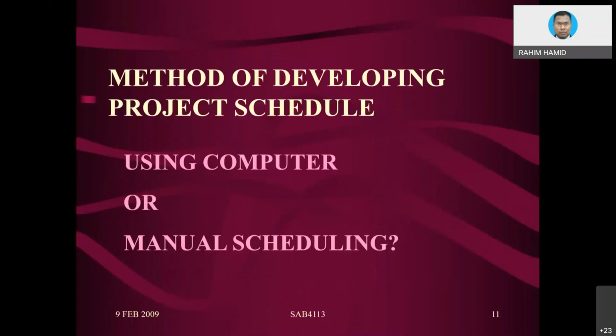Method of developing project schedule. Manual scheduling. Of course, before the invention of whatever software, we all learned about manual scheduling. So that's why in our class, we are going to learn about manual scheduling first and look at the concept, and we can even calculate manually. Later on, we are going to use tools such as Microsoft Project to help us.